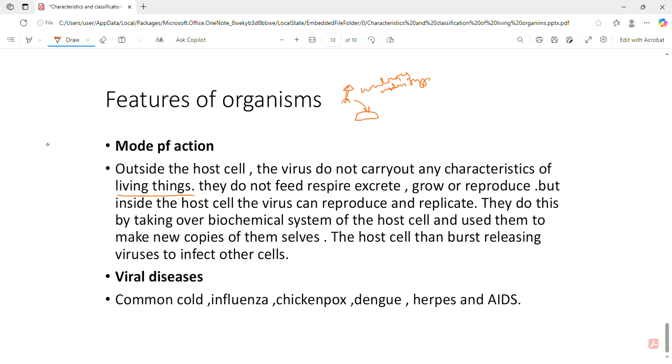They do not feed, respire, excrete, grow, or reproduce, but inside the host cell, the virus can reproduce and replicate, because it can occupy the space of the host cell and its metabolic activities. They do this by taking over the biochemical system of the host cell and using it to make new copies of themselves. The host cell then bursts, releasing viruses to infect other cells. So they produce multiple copies, and once they do, they infect other cells and produce as many.